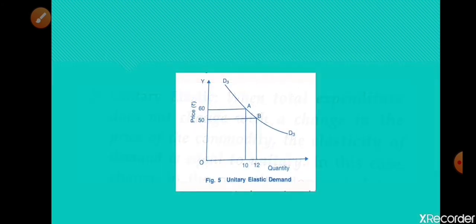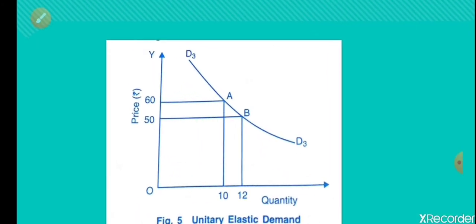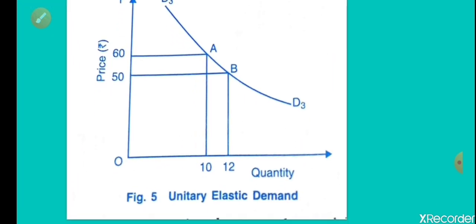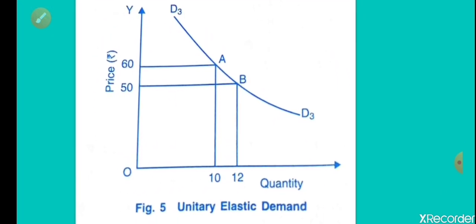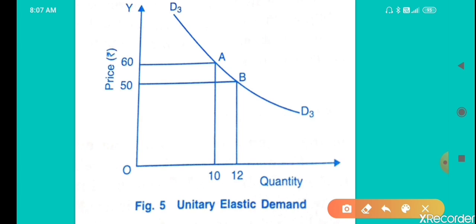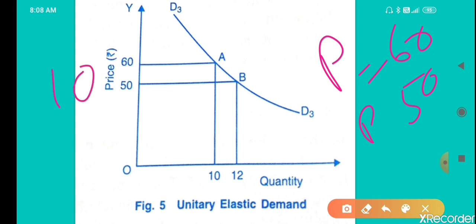So let us see with the help of this example. We have here the same graph with P as 60 and P1 as 50, and the initial quantity is 10 and the final one is 12.